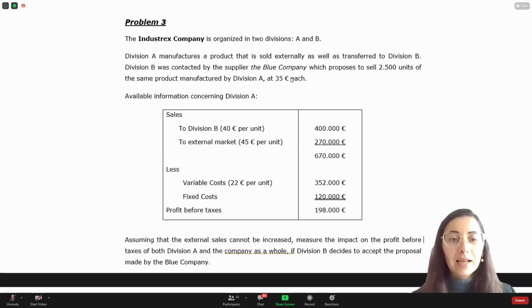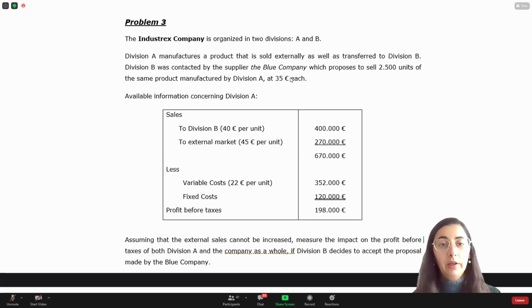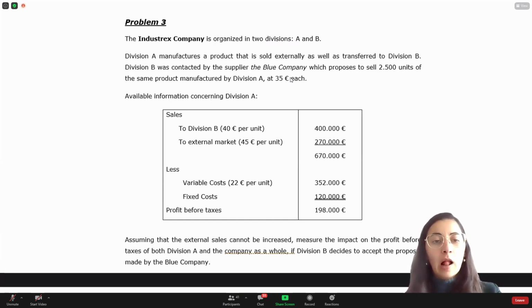Division A sells to Division B at 40 euros per unit. It's important because the external supplier, this Blue Company, is offering 35 euros and Division B pays 40 euros to Division A. So they start thinking, okay, Division A is screwing me, we can buy cheaper at the market. So they will think twice on this issue.